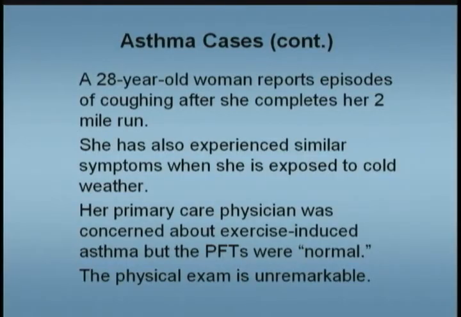So when do we do the methacholine challenge test? In patients that we think have asthma, we get the pulmonary function test, and they're normal. What do we do? We bronchoprovoke them with a methacholine challenge, and that's the way to diagnose asthma in those cases. So the next appropriate test in this case is the pulmonary function test with methacholine challenge.